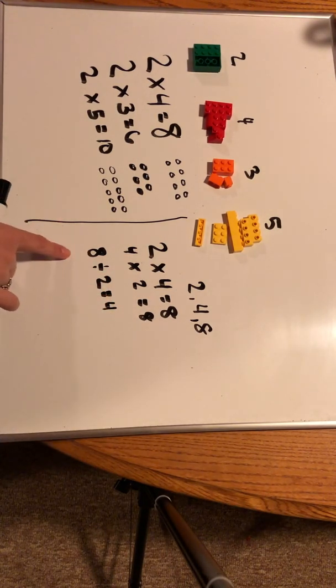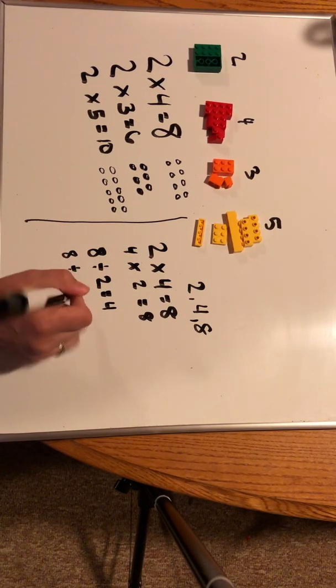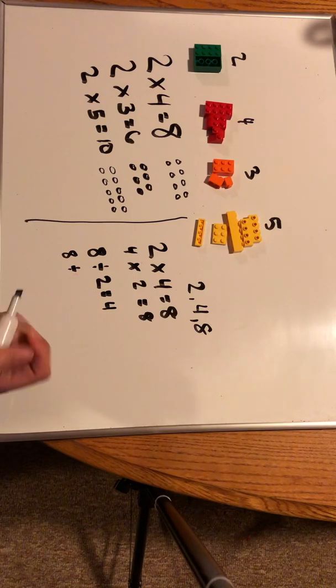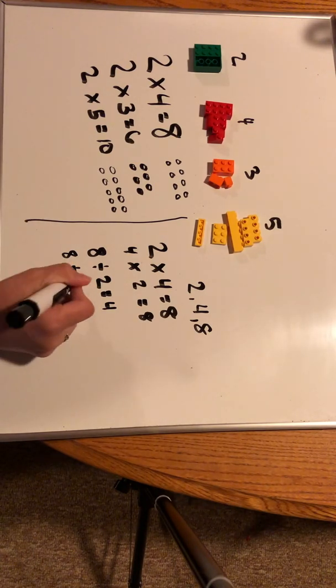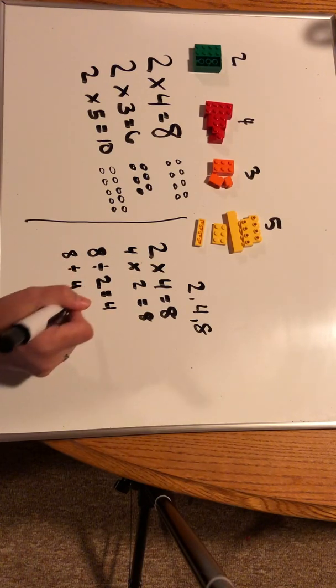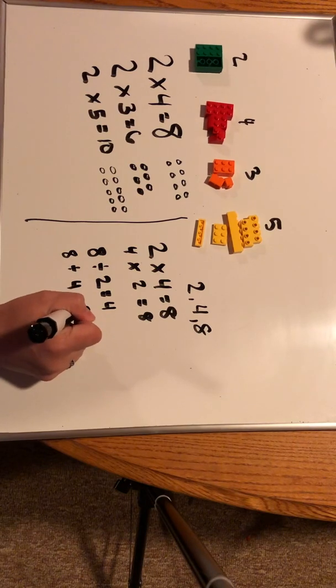Again, I'm going to keep the same dividend. This time I'm going to swap around my divisor and my quotient. Since my divisor was 2 over here, I'm going to make it 4 down here. And that means that my quotient is 2.